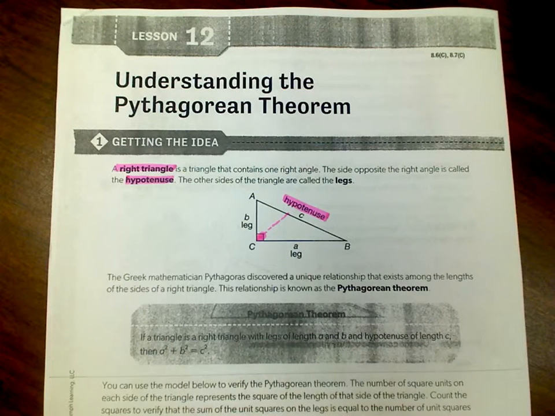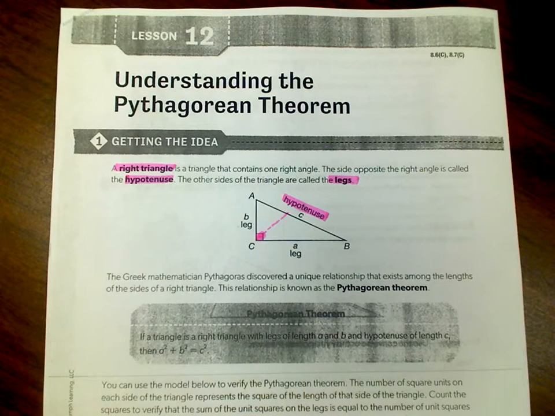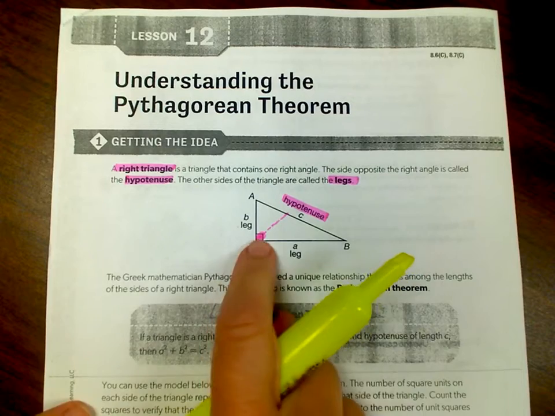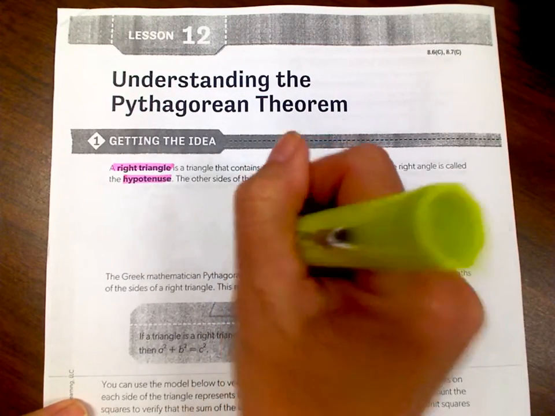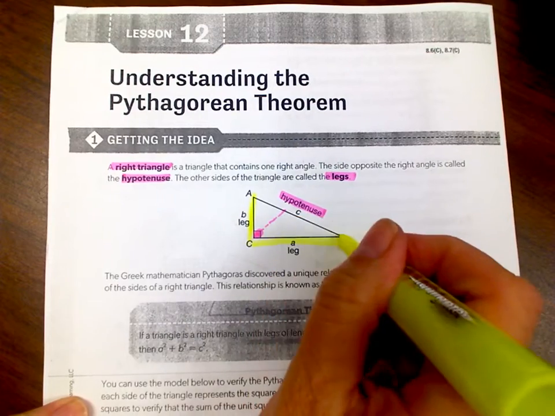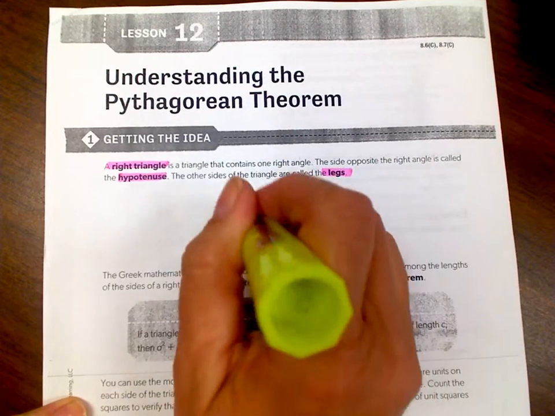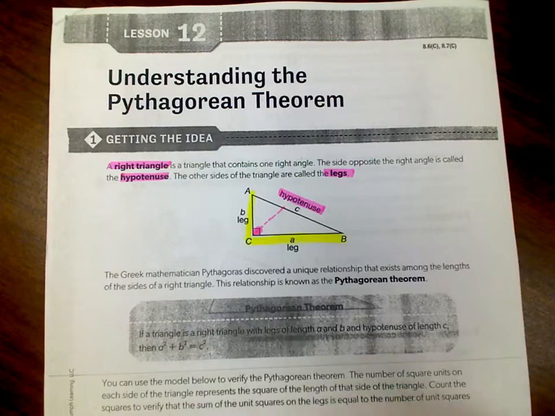The other sides of the triangle are called the legs. So you really have to understand that when you find the right angle, this is your hypotenuse and these are your legs. The legs are connected by the right angle.